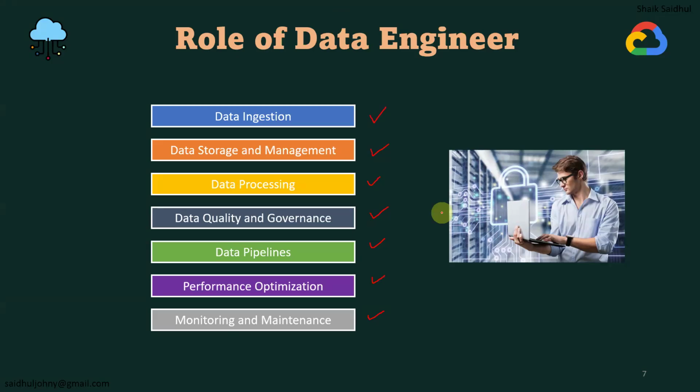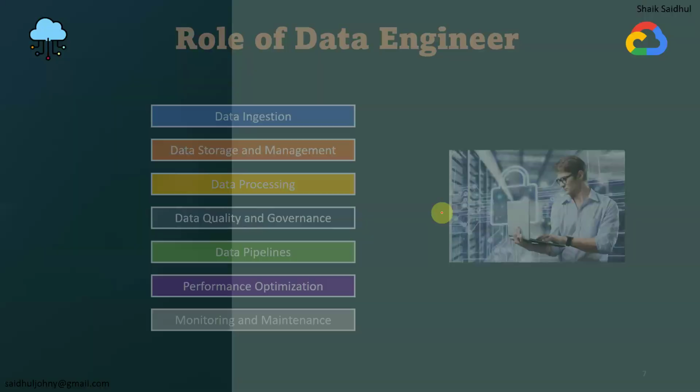You are not sure which step you are going to work on in the company. So that's the reason in our upcoming sessions we are going to see each and every step in very detail, with different examples and scenarios. So this is what data engineering is, everyone. I hope you guys got some idea about data engineering.